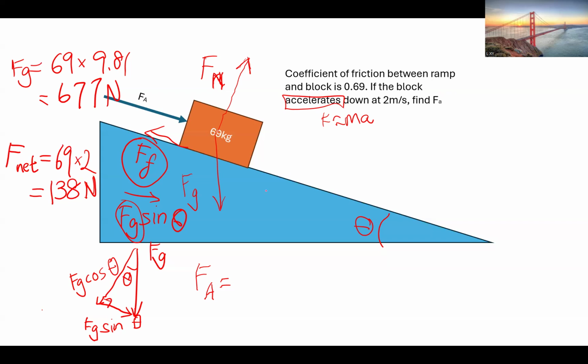Okay, welcome back. So we'll be talking about that question again and continuing the solution to the problem. Now you know that these two are the components of the force Fg. So you can see that the Fn, which is the normal force, is equal to Fg cosine theta.